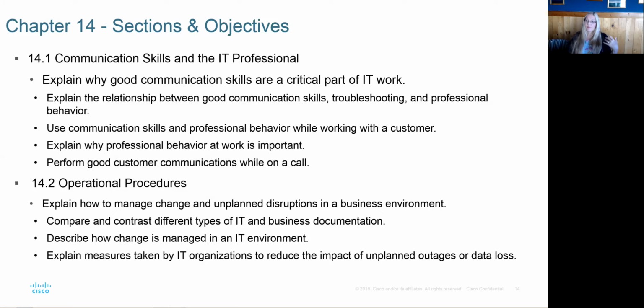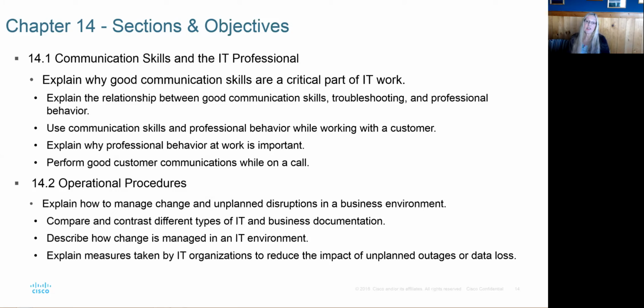So we're going to talk about communication skills, operational procedures. Different businesses are going to have different policies, and you have to follow those policies, regardless of whether or not you think they're dumb. You need to document everything.